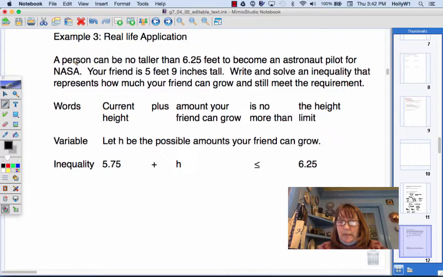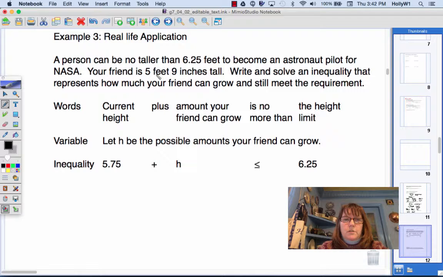Why it's kind of a pain is because when they show you how to do this in the example, they've converted your friend's height from feet and inches to a decimal.